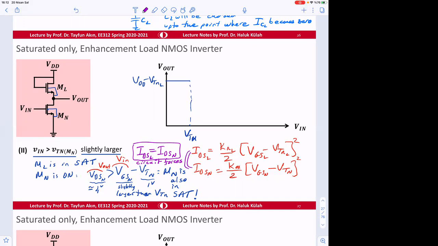So what is gate to source of N? This is V in. What about gate to source of L? VDD minus V out. So we can have a V in, V out relationship.